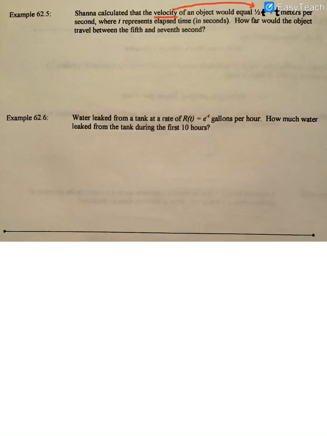How far would the object travel between the 5th and 7th second? So if we're asking how far would the object travel, we are looking for what I would say as accumulated distance.